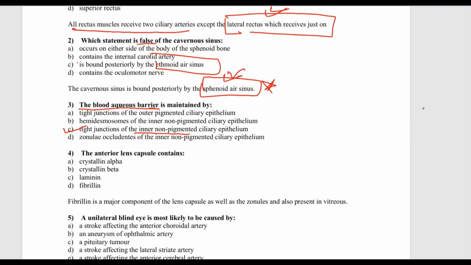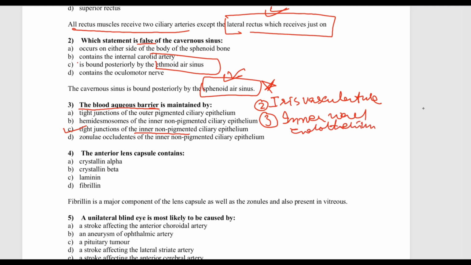Remember the other structures which are involved in the blood-aqueous barrier. These are the iris vasculature, and the third one is the inner wall endothelium of the Schlemm canal.